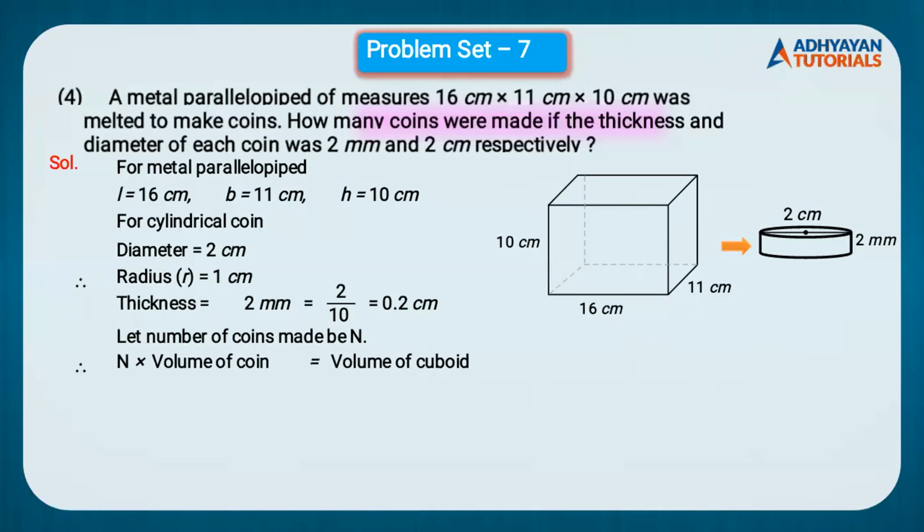Is anybody having a doubt in this part? So n into volume of one coin, because how many coins are made? We don't know, so we have assumed it as n. So n into volume of one coin is equal to volume of cuboid.